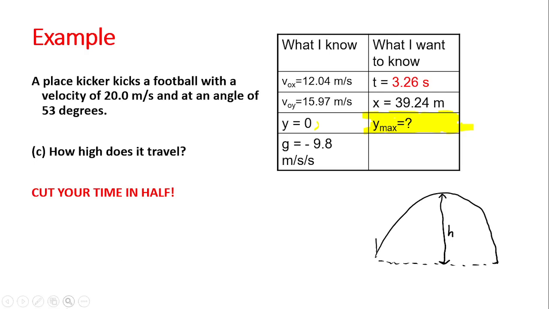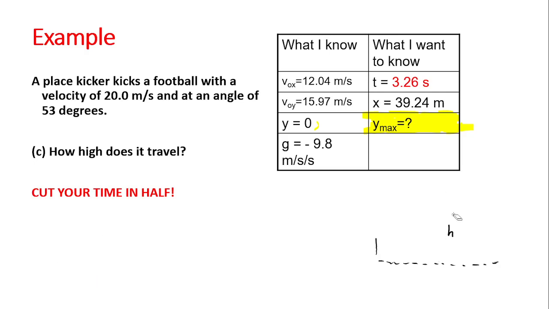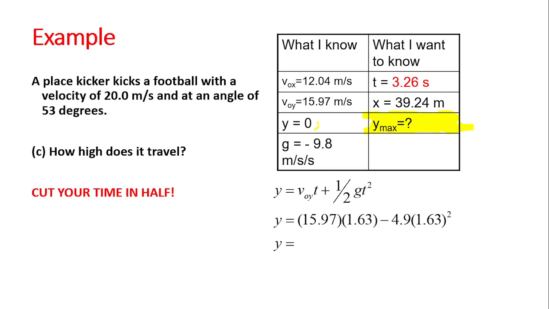Now, if we are looking for the maximum height, which formula are we going to use? And remember, there is an instruction: cut your time in half. Simple. That's the formula you're going to use. The same formula we talked about at first.